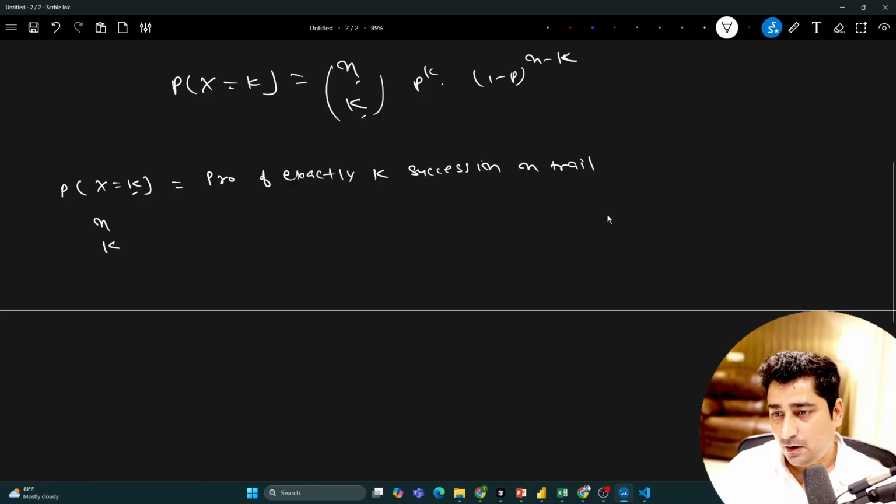Now n choose k, what is the meaning of this? It is nothing but n factorial divided by k factorial times (n minus k) factorial.